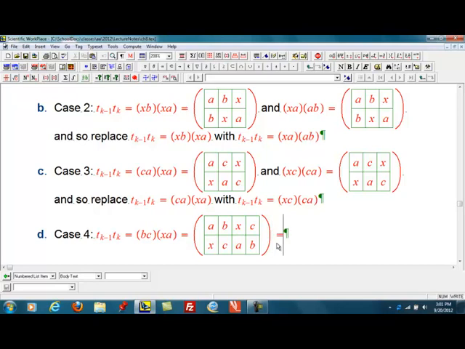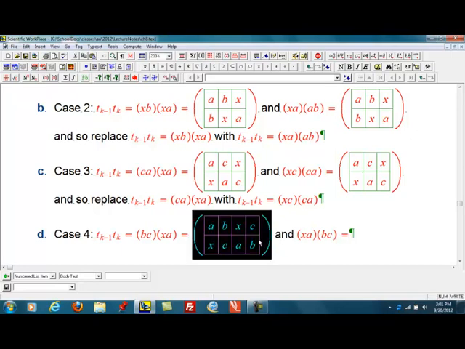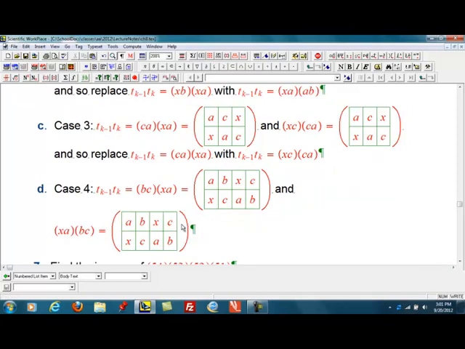Notice what they did on this one. They just switched the order. Does that give us the same thing? Yeah, it doesn't change it. You can verify that, but it's going to be the same thing.